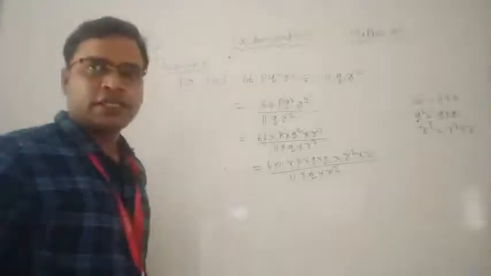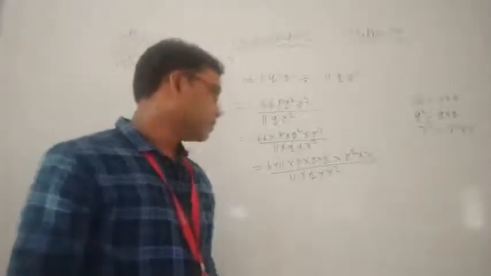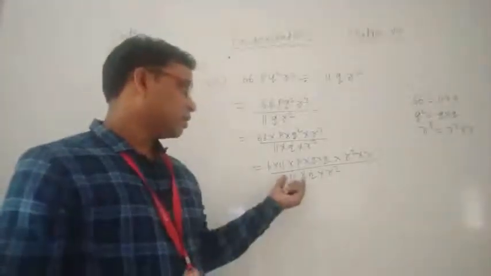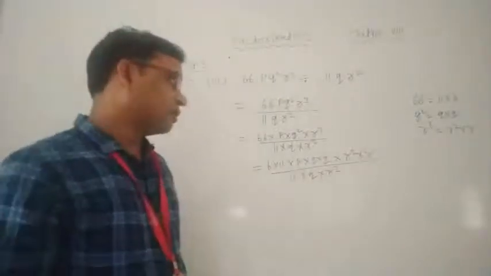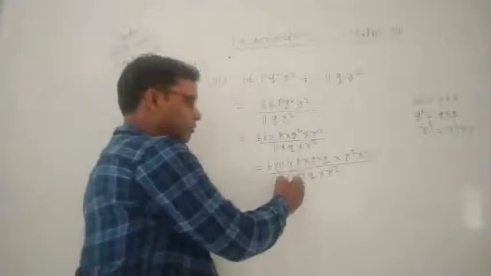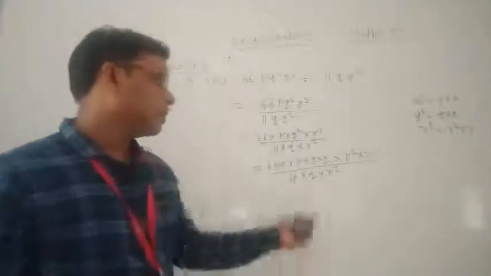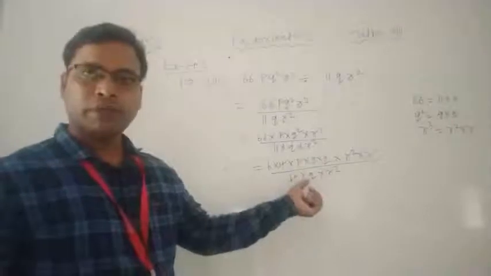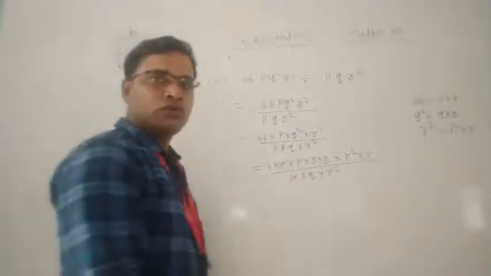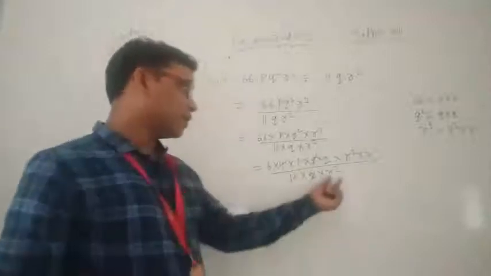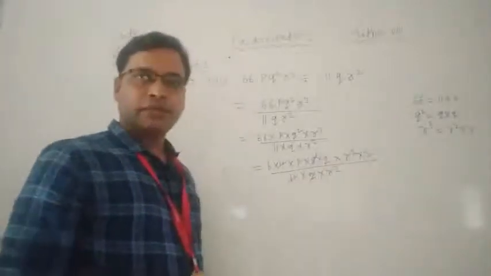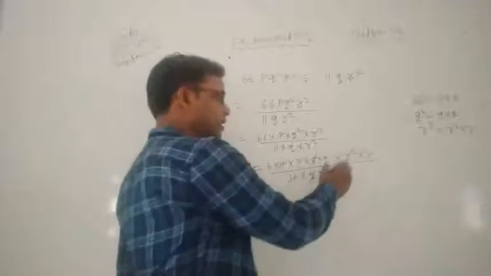So you can see here, in the numerator and denominator 11 is common, so 11 will be cancelled. Again we observe q is common between them, then q is also cancelled. Now r square is common, so r square will cancel.